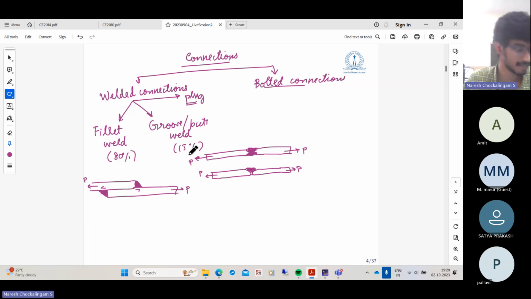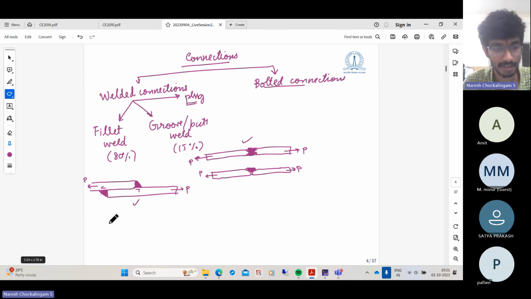So there are various configurations of the joints that you might be well aware of. You have a butt joint, where this is a kind of butt joint. This is a lap joint. And there are several others, and you can have T joints and corner joints. But what are more important in steel structures are the lap joint and the butt joint.